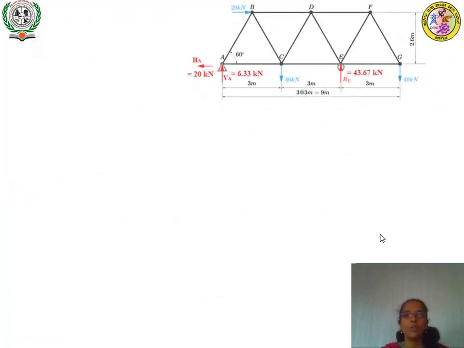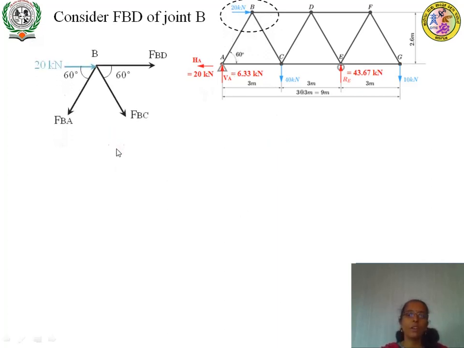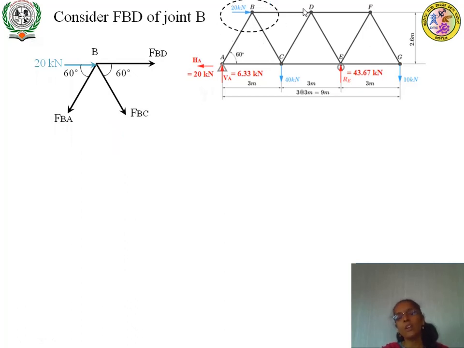This is the given problem, and we'll select joint B. Let us mark an imaginary cut around joint B so that we can draw the FBD. This dotted line you need not show in your examination. It is just for your clarification of how we have drawn the free body diagram.